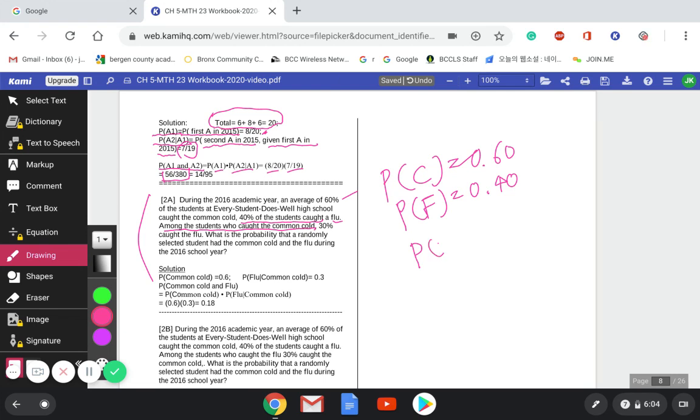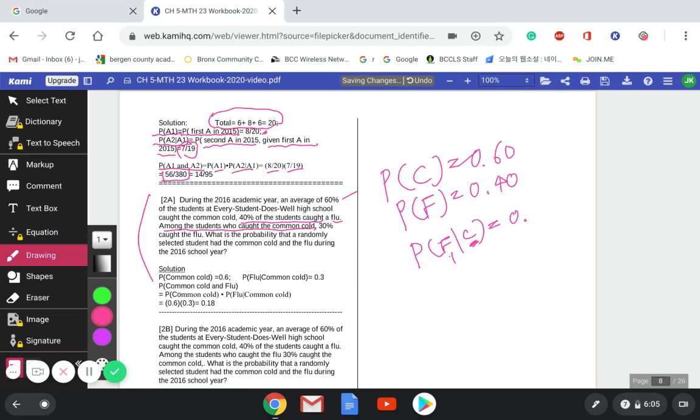So it would be flu after you got a common cold. Among the students who got cold, so cold is always the first event, and also got flu, that's 30%. That's what they are saying.